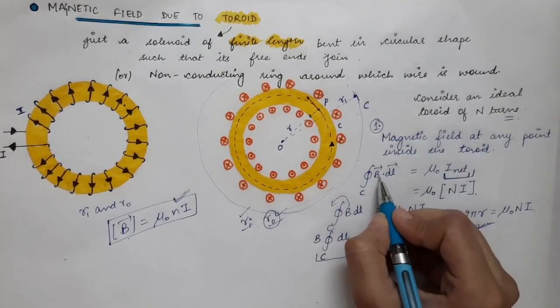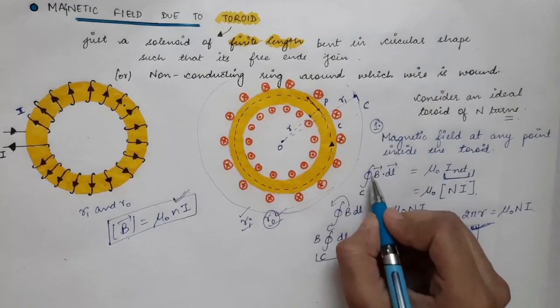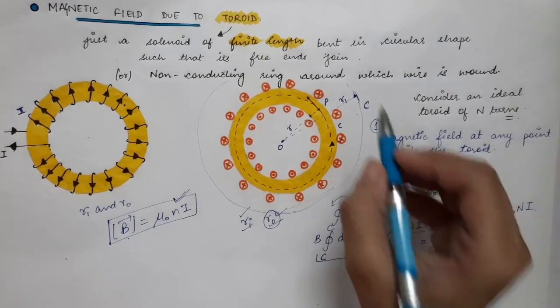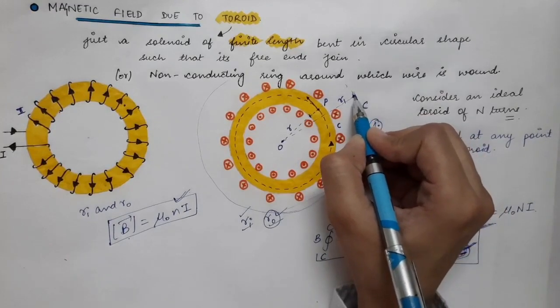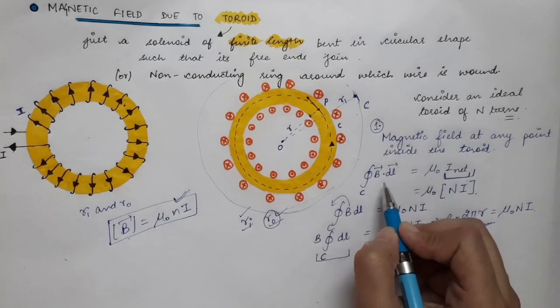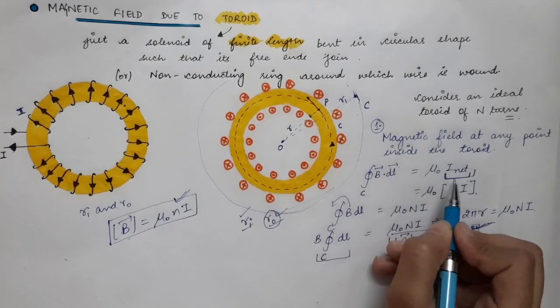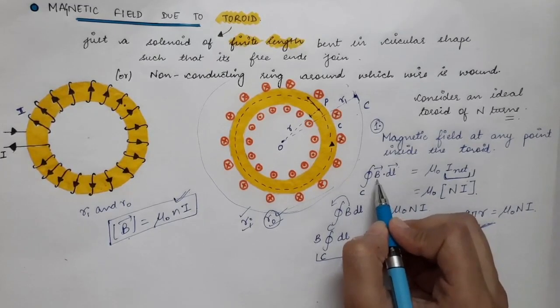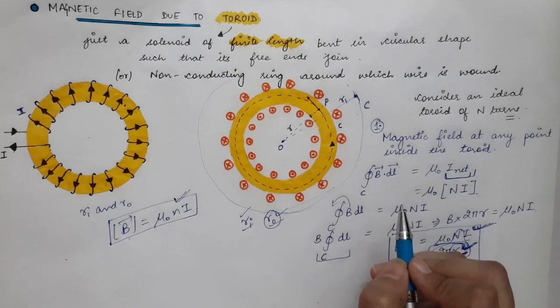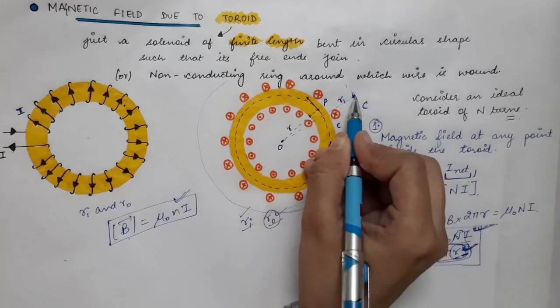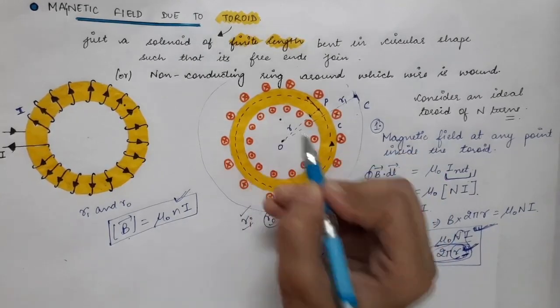So in that case B vector dot product with dl vector, its integration over the closed path will be equal to 0. So at these closed paths the magnetic field will be equal to 0. So if this line integral is equal to 0, magnetic field in that case will be equal to 0, and similar thing can be done when the observation point is present over here.